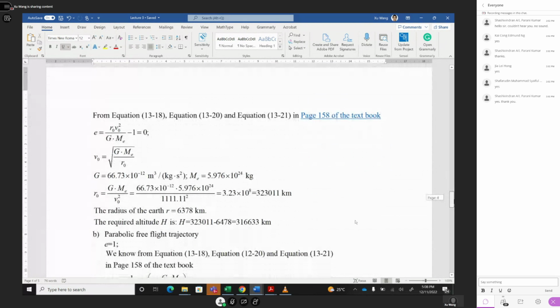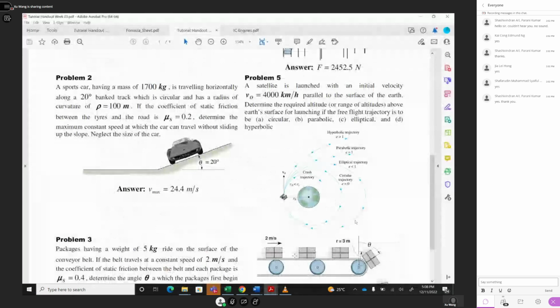The second one, if this flight trajectory is parabolic, then according to the definition, parabolic means e equal to 1.